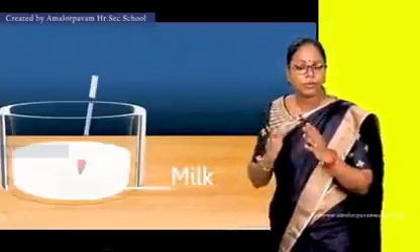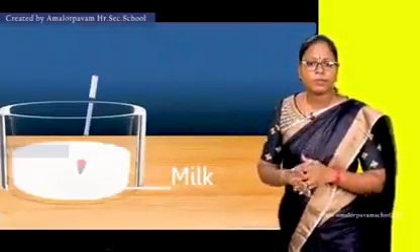So what do you have to observe? The relative density of milk does not give a conclusive indication of its composition, since milk contains a variety of substances that are either heavier or lighter than water.